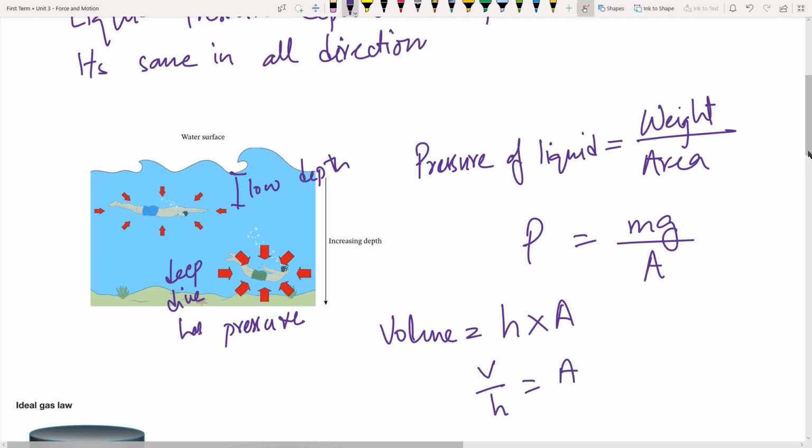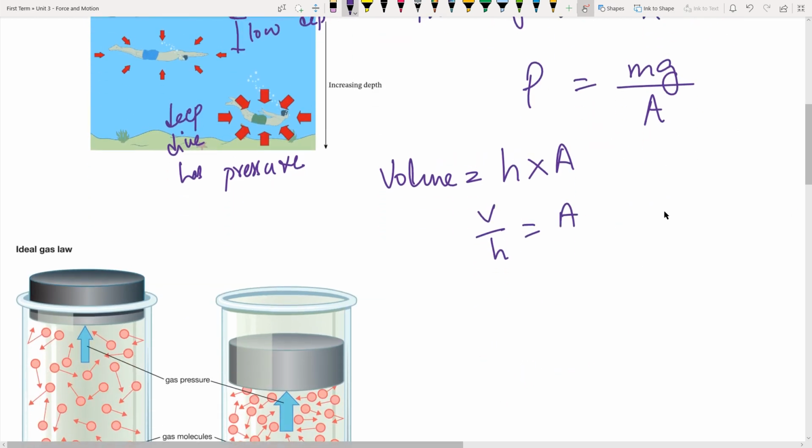And we can replace this area with this, so it would have dimensions like this. Sorry, V divided by h, and this h, since it is in the denominator, can go up, so it is going to be mgh divided by V, the volume of the water displaced and the height at which you are.